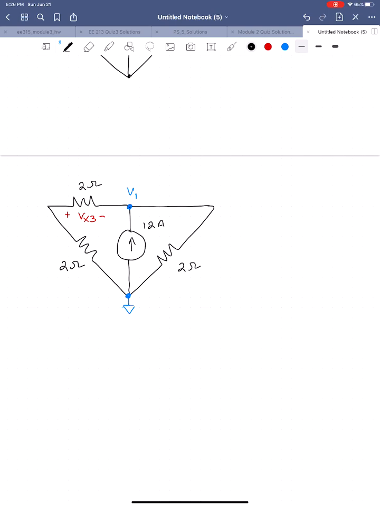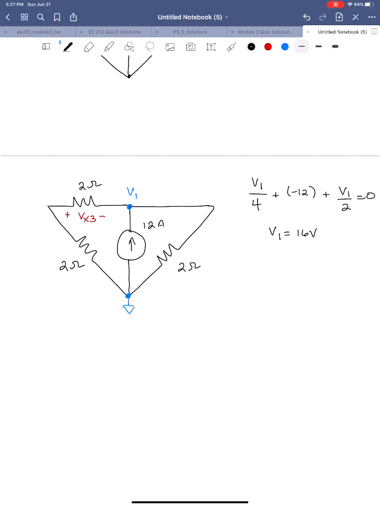The current flowing to the left is V1 minus 0 over 4, the series combination of 2 and 2, plus the current flowing down, which is minus 12. The source is sitting there, but it's in an opposite direction to what we want. Plus the current flowing to the right, which is V1 minus 0 over 2. One equation, one unknown. When we solve, we get V1 equal to 16 volts.